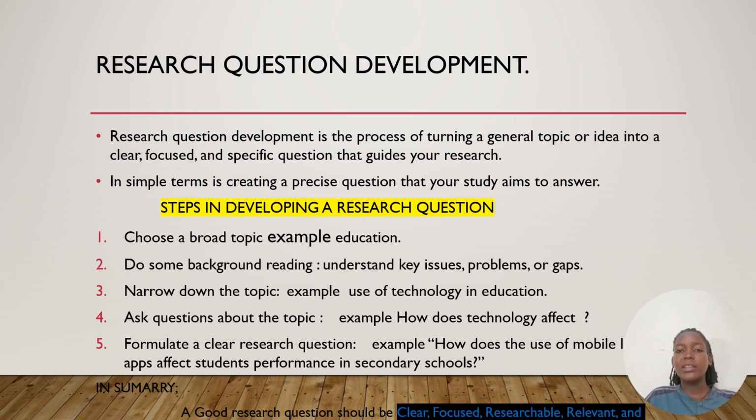For example, how does technology affect education? Then formulate a clear research question. For example, how does the use of mobile apps affect student performance in secondary schools? In summary, a good research question should be clear, focused, researchable, relevant, and precise.